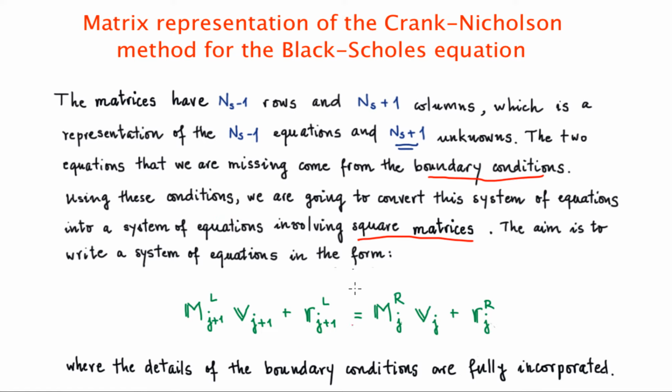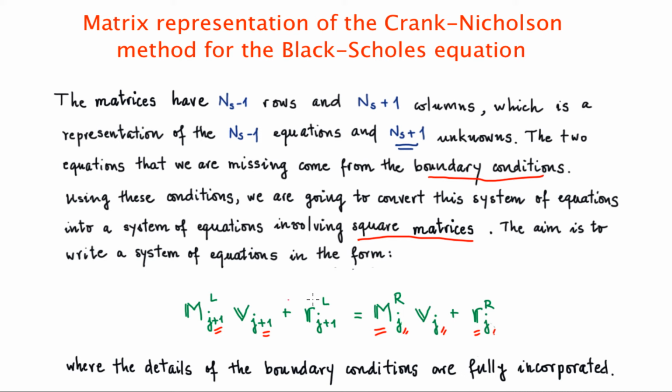On the left we have the square matrix B evaluated at time j plus 1, a column vector of just Ns minus 1 elements of this v vector evaluated at time j plus 1, and then another column vector, which would implement, in case it exists, the boundary conditions. The same thing on the right-hand side, where we have another square matrix and another column we're calling R, and in this case everything depends on j.